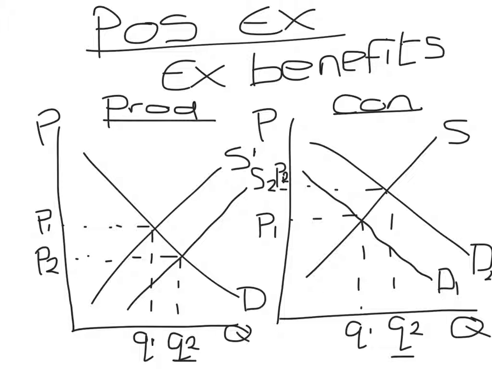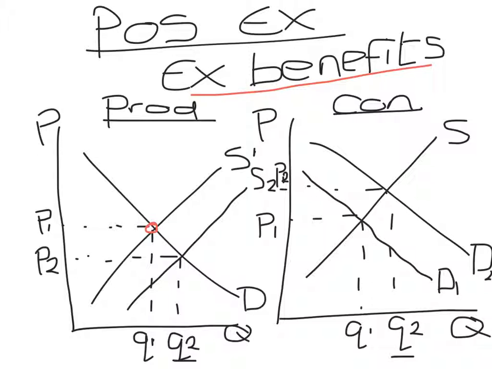So what's happening is, I'll go through positive externalities in production first. So a firm is actually producing here. This is their equilibrium, P1, Q1, and if they could feel these external benefits and take them into account, they would expand their supply.